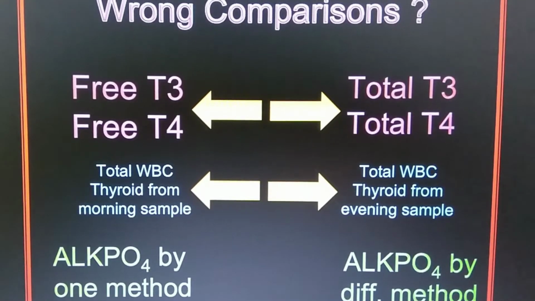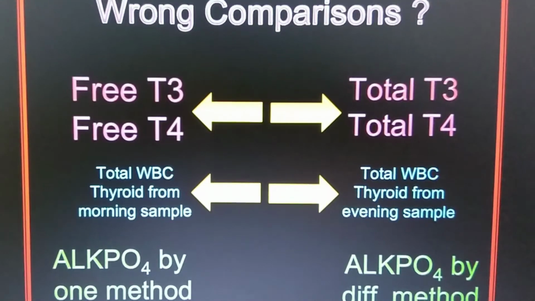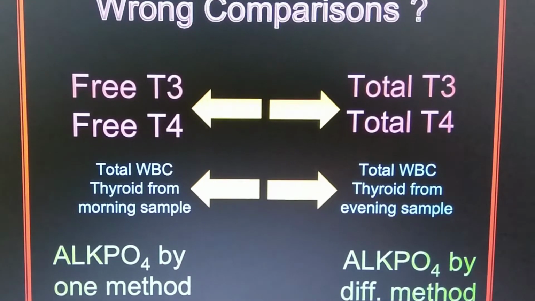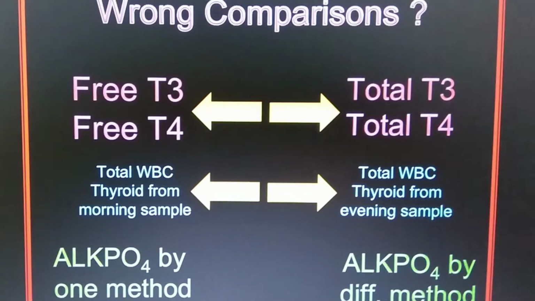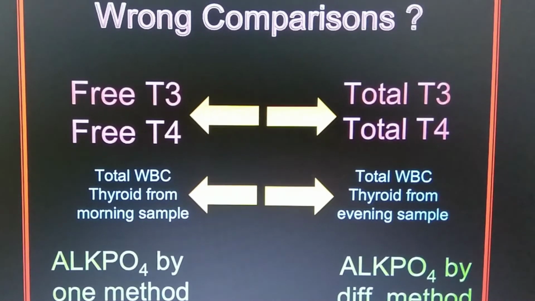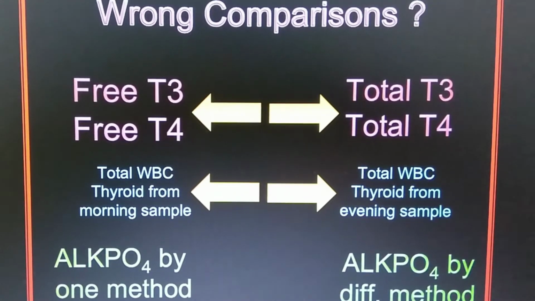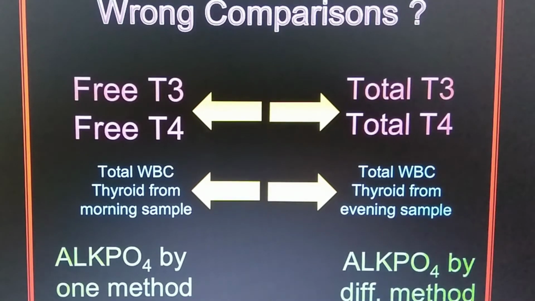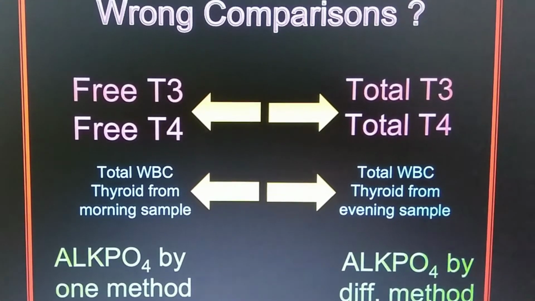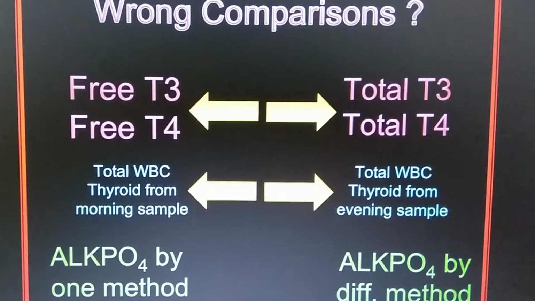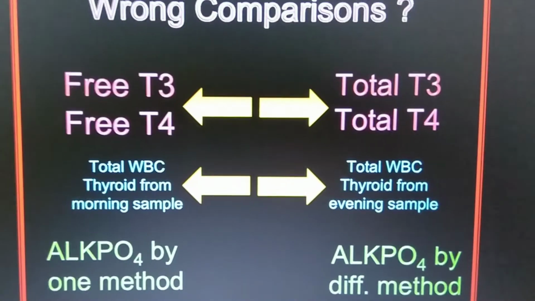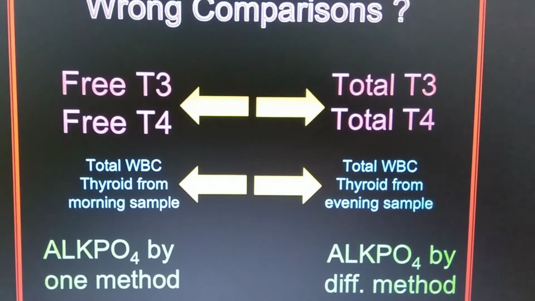Suppose a person gets his hemogram done from a lab early in the morning, say at 8 am, and then gets it done from another lab in the evening, say at 7 pm. Then a difference in total WBC count and differential WBC count is bound to be noted even if both labs have reported the values correctly.